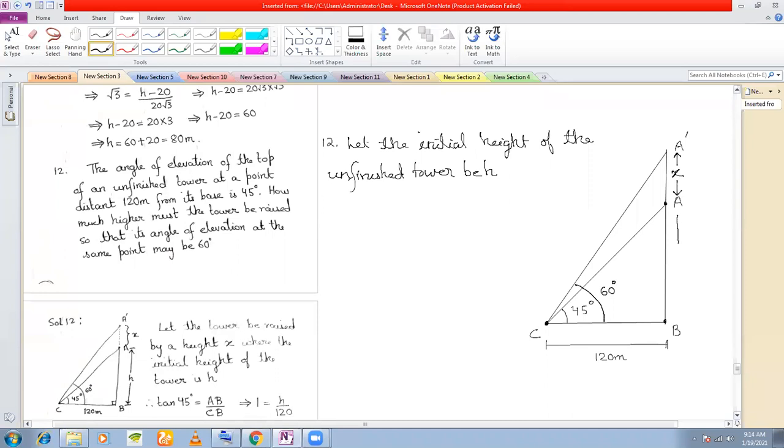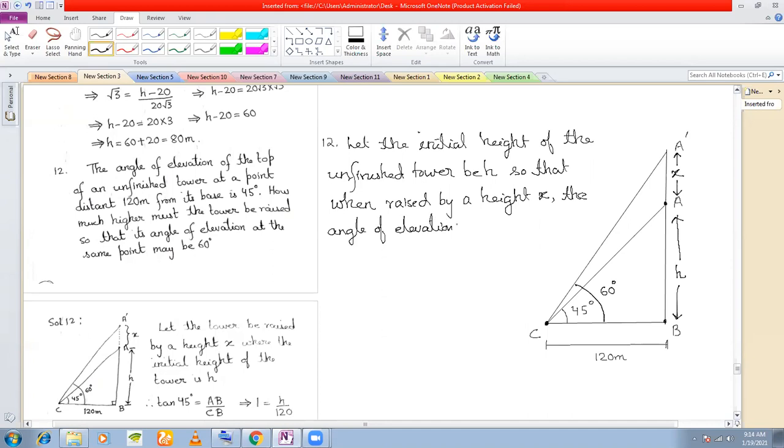That means this length we are taking as h, the initial height of the tower, so that when raised by a height x, the angle of elevation changes from 45 degree to 60 degree.